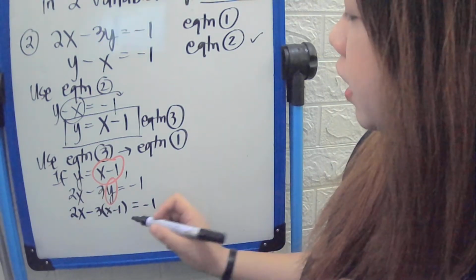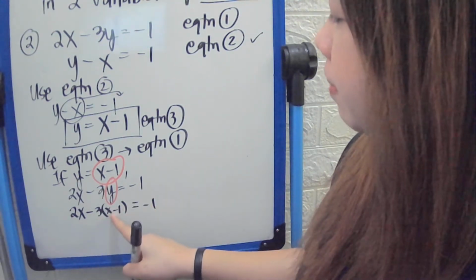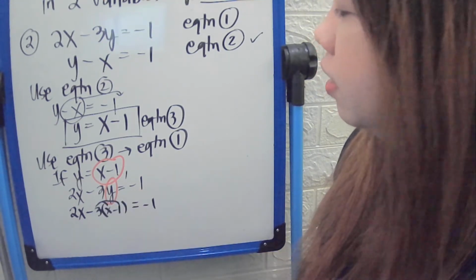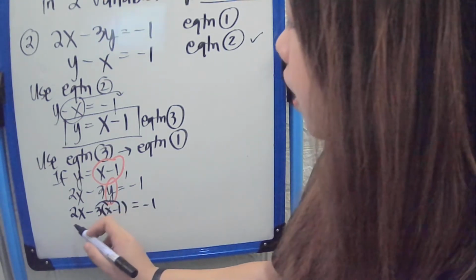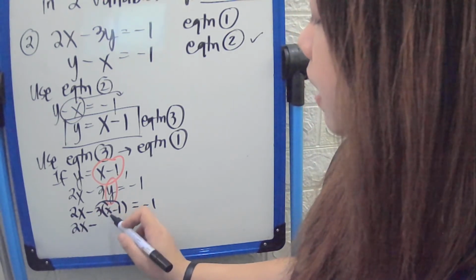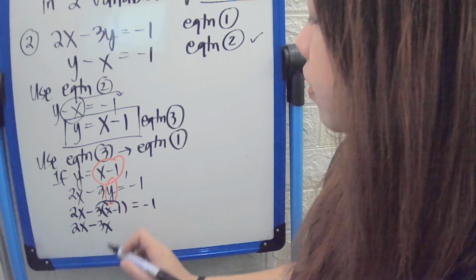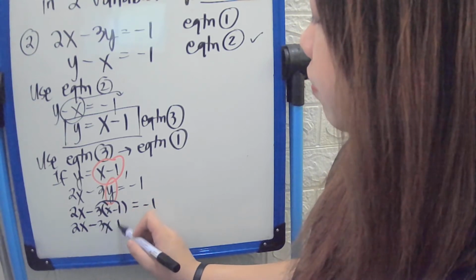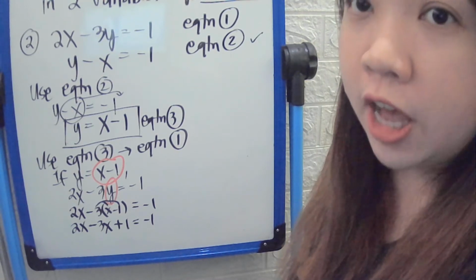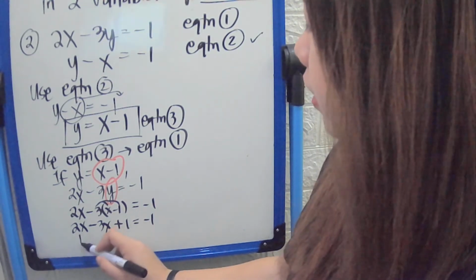Okay? So, here, you will distribute 3 by 2x and 3 by negative 1. Multiply pag nag-distribute. So, that will be 2x minus 3 times x is 3x. Then, negative 3 times negative 1, that's positive 1. Okay. Ang pwedeng isolve dito ay yung part na to.